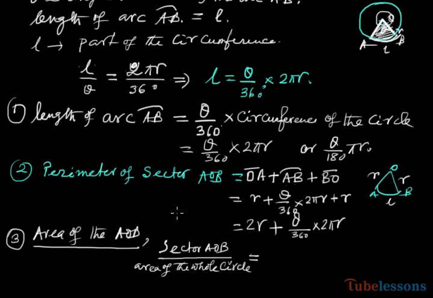Now, when sector AOB, the corresponding angle at the center is theta. Consider the area of the whole circle, the corresponding angle at the center is 360 degree.